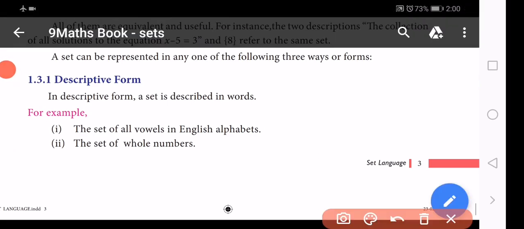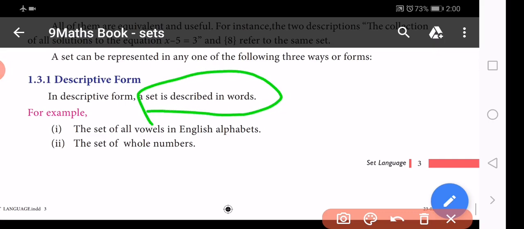So in our book, in descriptive form, a set is described in words. In this form, the elements are not visible. There is no symbol and there is no notation in this form.